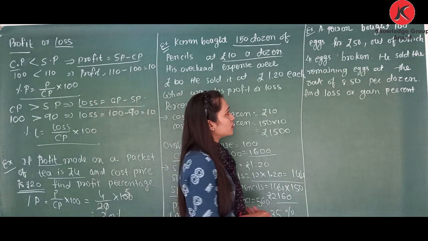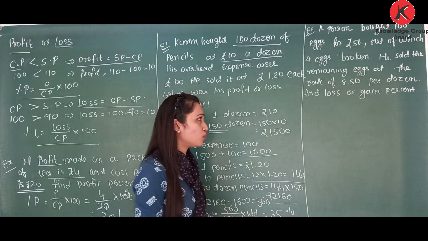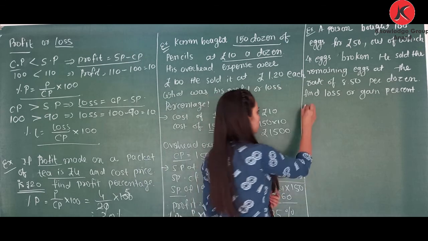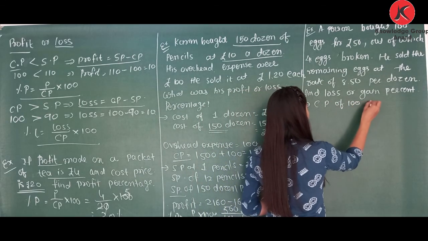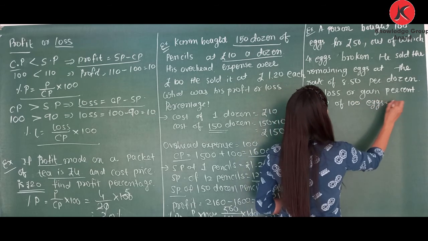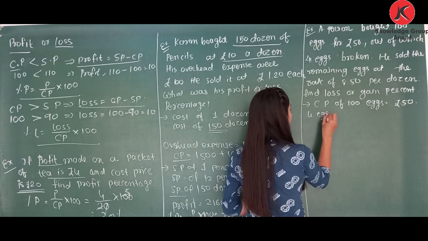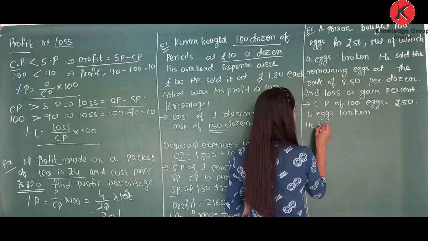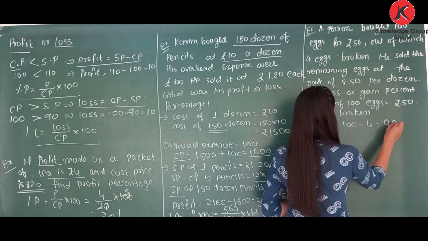A person bought 100 eggs for 50 rupees, out of which 4 eggs were broken. He bought 100 eggs. The cost price of 100 eggs is 50 rupees. 4 eggs are broken, so he sold 100 minus 4, 96 eggs.